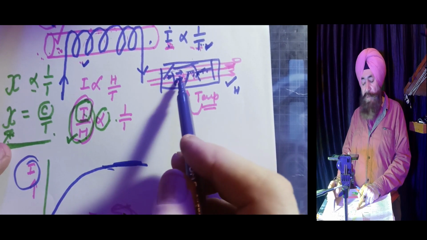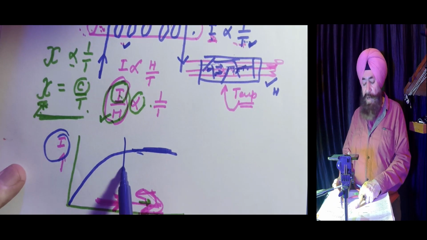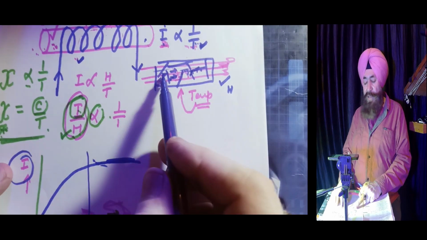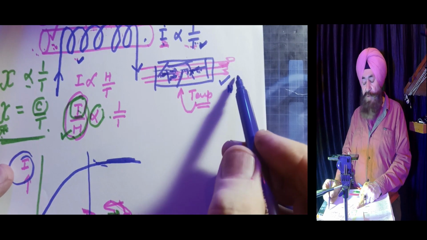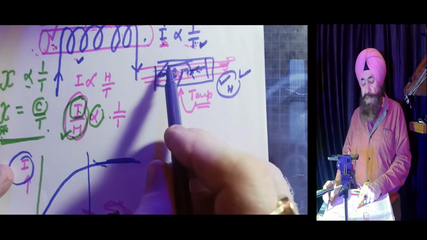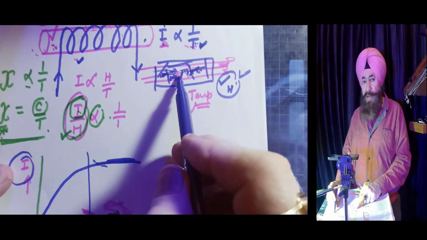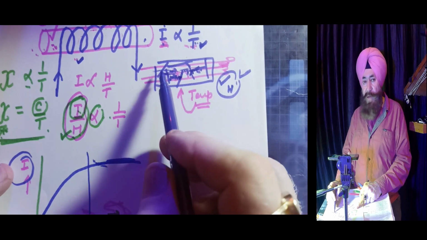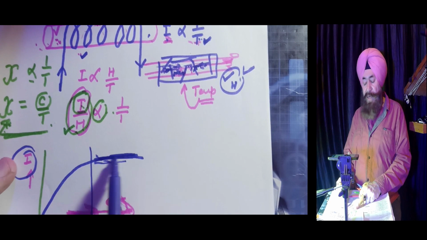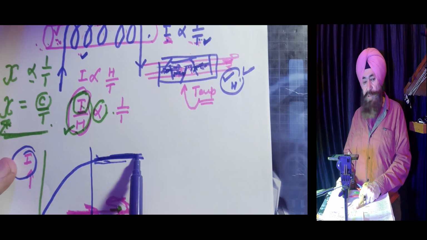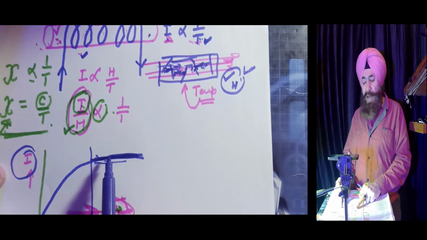When all the domains are aligned, there is no possibility of further alignment. So if you increase H further, it will not help, and the intensity of magnetization becomes almost constant. It is saturated.